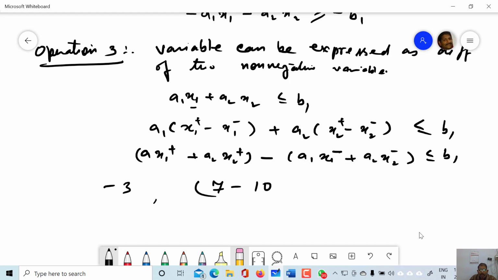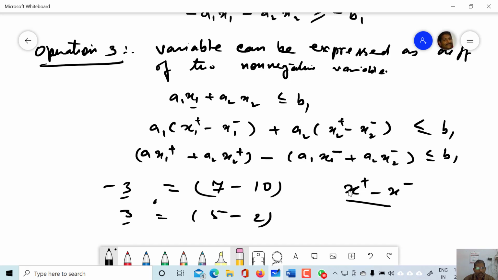The difference of 7 and 10 is equal to minus 3. So I have written x1 as x1 plus minus x1 minus, and if it was 3, then it can be written as, suppose, 5 minus 2. So it is saying the same thing, that every variable, whether positive or negative, can be represented by two positive variables in the form of x plus minus x minus. So this is operation 3.